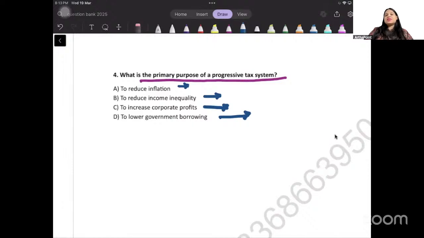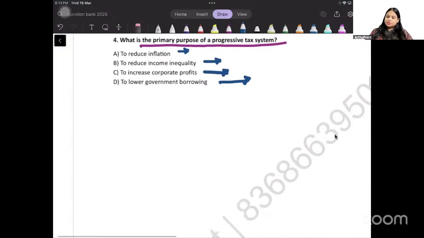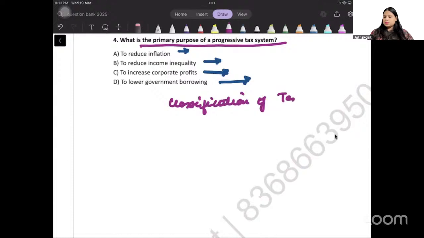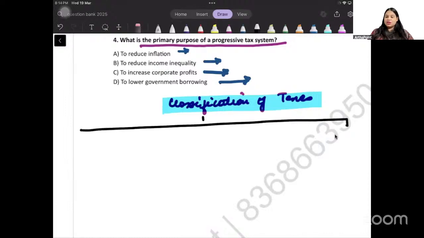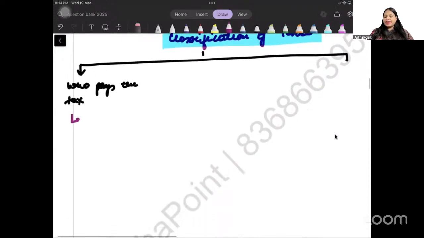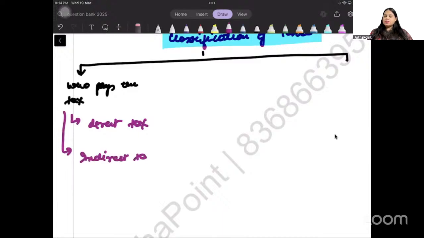So, beta, there are various classification of taxes. ठीक है, जिसमें कि सबसे पहला हमारा क्लासिफिकेशन ऑफ टैक्स आता है ऑन द बेसिस ऑफ हु पेज द टैक्स, है ना. हु पेज टैक्स में हमारे पास आ जाता है डायरेक्ट टैक्स, विच इज डायरेक्टली पेड बाय कंज्यूमर टू द गवर्नमेंट, जैसे इनकम टैक्स, वेल्थ टैक्स, प्रॉपर्टी टैक्स, कॉर्पोरेट टैक्स. एंड दूसरा आ जाता है इनडायरेक्ट टैक्स. इनडायरेक्ट टैक्स में वी हैव टैक्स विच इज levied on good and service, indirectly paid by the consumer. ठीक है.